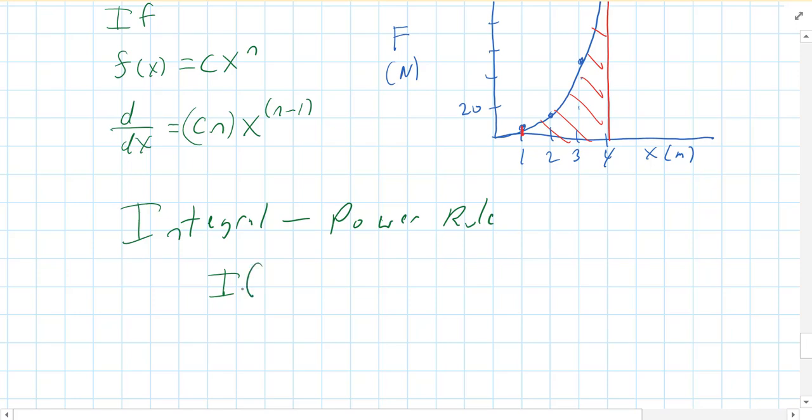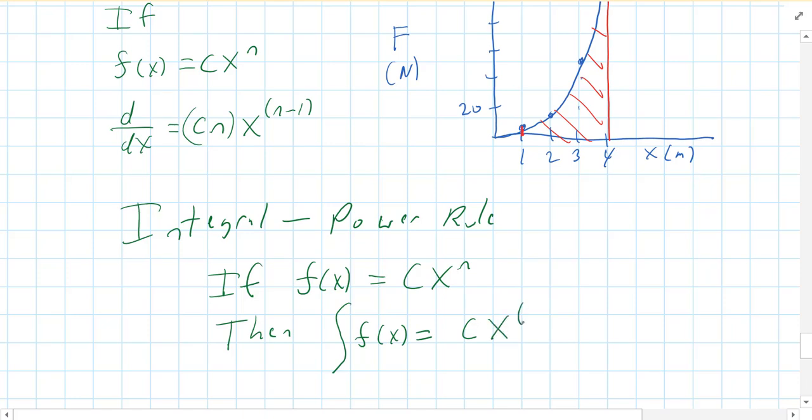So if you have a function of x such that it's cx to the n, that's a polynomial, then the integral, and here's how you write the integral sign, it's like a big S, you write the integral of the function of x, and you take c times x, and instead of subtracting 1 from the exponent, you add 1.